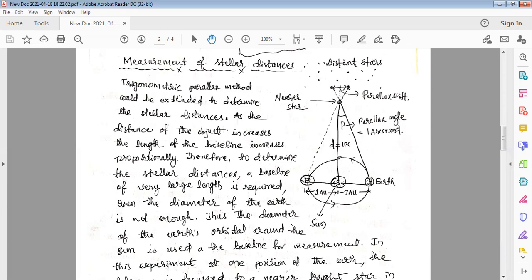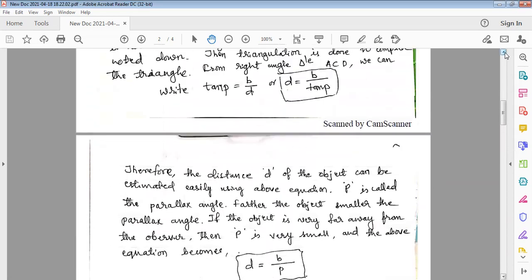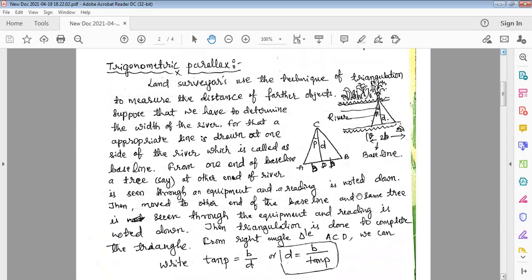So this trigonometric parallax method could be extended to determine the stellar distances. As the distance of the object increases, the length of the baseline increases. So this is a very important phenomenon. I told you here what is the meaning of the baseline. So this is the baseline.